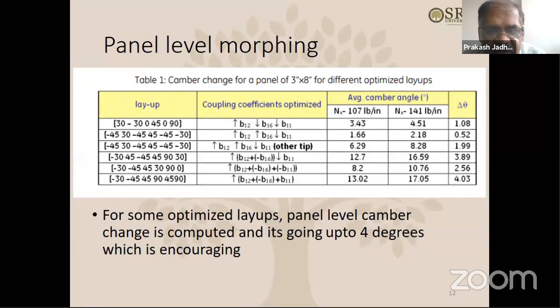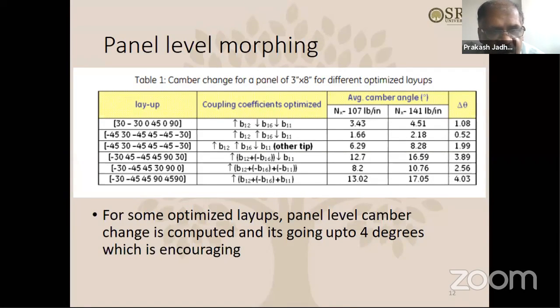You can see the different layups, and the Nx loadings of 107 pounds per inch and 141, because these are two different loadings we tried, and then we found the camber change. You remember camber change? The camber change is the change in the angle from one shape to the other. So for example, for Nx equal to 107 pounds per inch we find one angle, theta 1. For Nx equal to 141, we again run the case, analyze the results and find the angle theta 2. Then delta theta is theta 1 minus theta 2. That is the camber measure.